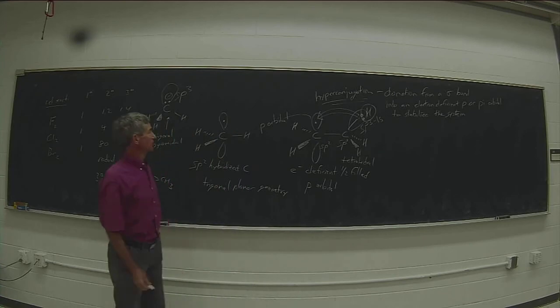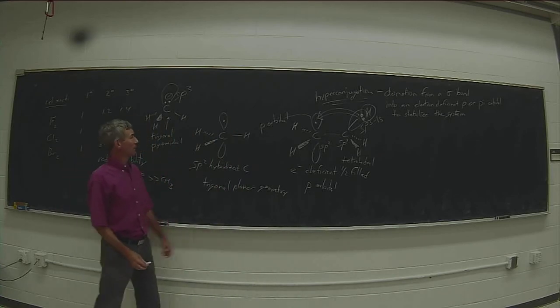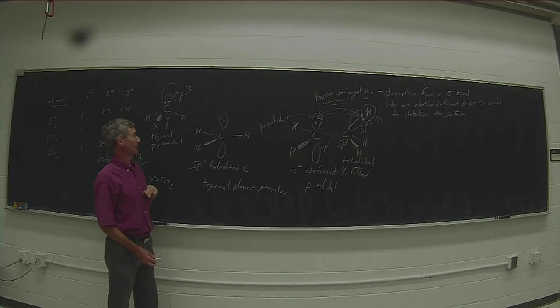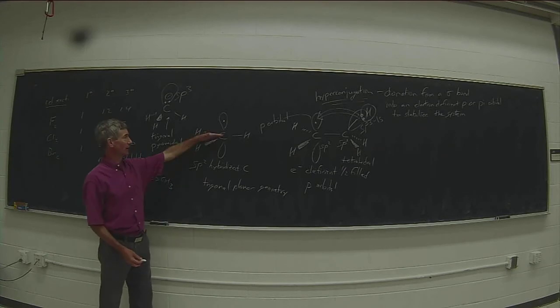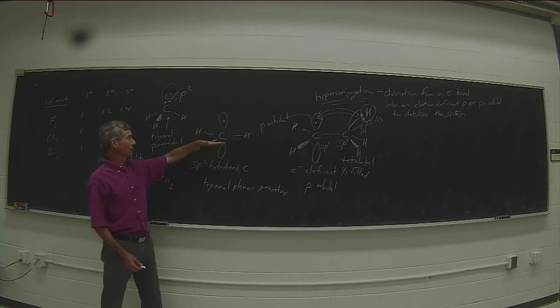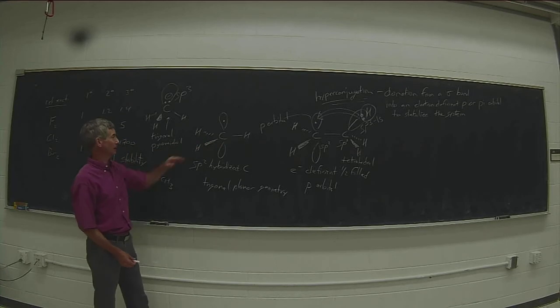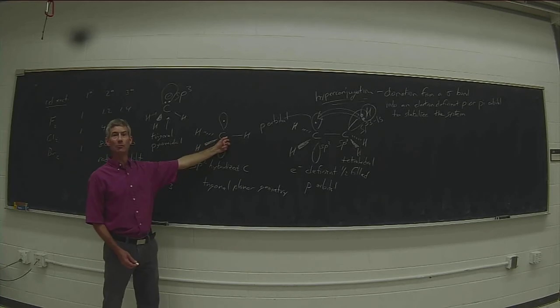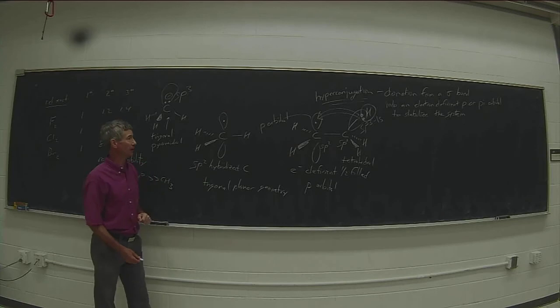No hyperconjugation is possible for the methyl radical because all three of the hydrogens lie in the nodal plane. If we take this as the y-axis and the horizontal as the x-axis, then the hydrogens all lie in the xz plane, and we have an empty py orbital that has a node in the xz plane.